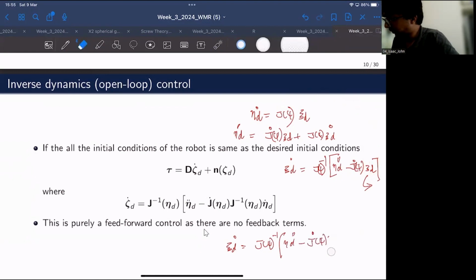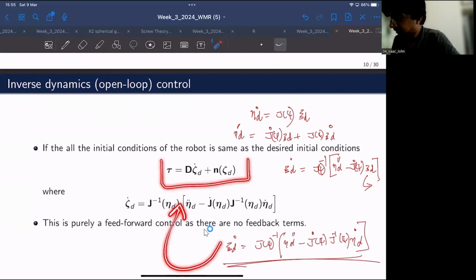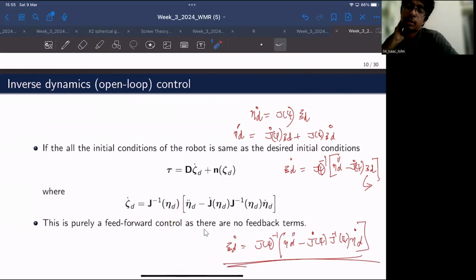Instead of zeta desired, you can write it as j inverse psi eta desired dot. So this is exactly what has been written over here, and this is the computed inverse dynamics control.